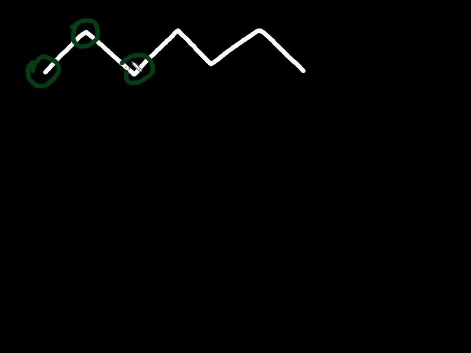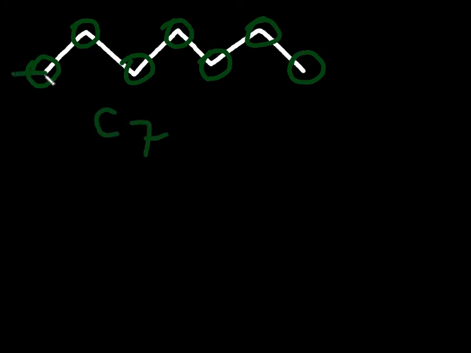Let's go over one more like this. Okay. So again, how many carbons? 1, 2, 3, 4, 5, 6, 7. So we have C7. How many hydrogens? 1, 2, 3, 4, 5, 6, 7, 8, 9, 10, 11, 12, 13, 14, 15, 16.